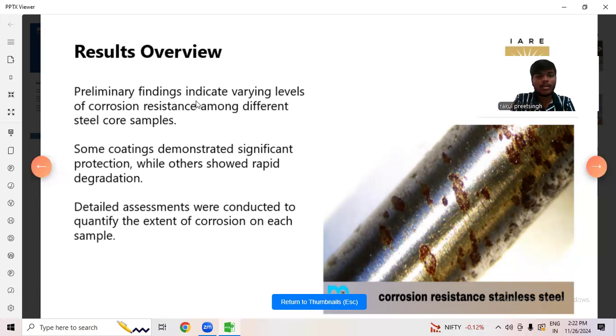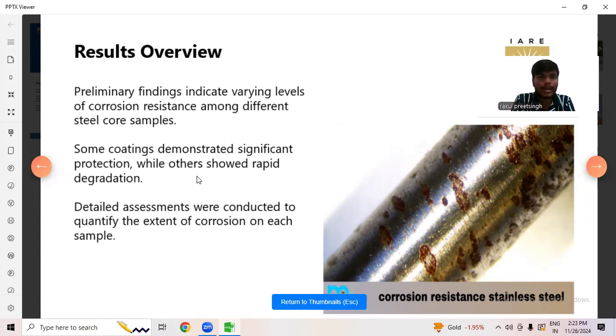Preliminary findings indicate varying levels of corrosion resistance among different steel core samples.